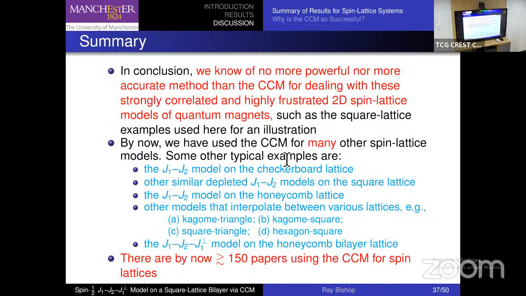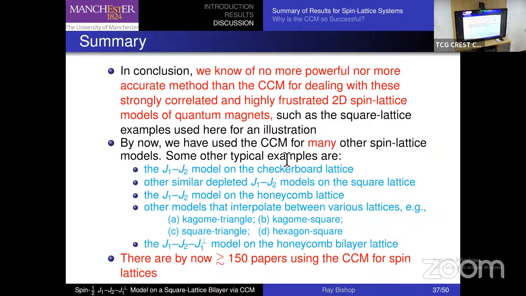But in conclusion, at this point, what I can say is I don't know of a more powerful or more accurate method for dealing with these strongly correlated and highly frustrated two-dimensional spin lattice models than the CCM.